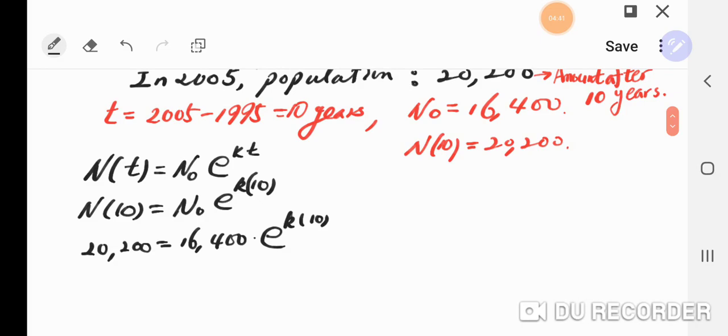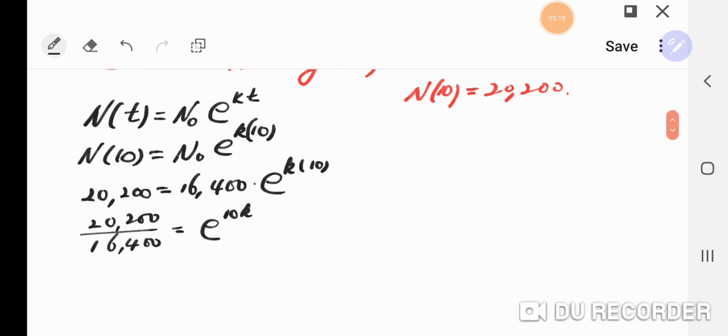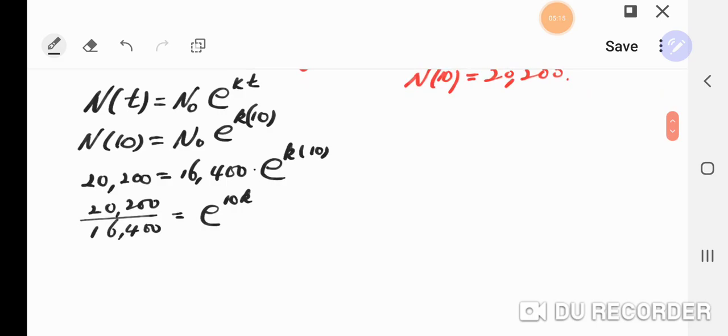So we will find the k, and k is in the exponent, so we have to get rid of the base e. In order to find k, let's divide each side by 16,400, so we have only one exponential form on the right hand side. The right side is e to the 10k.